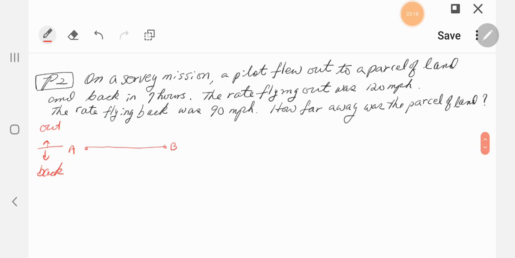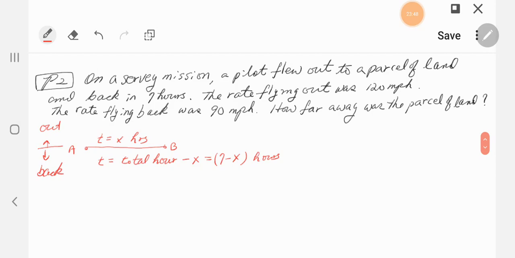It took 7 hours total. So let's say the number of hours going from A to B is X hours. Then what will be the time coming back? That will be the total minus X, so 7 minus X hours.